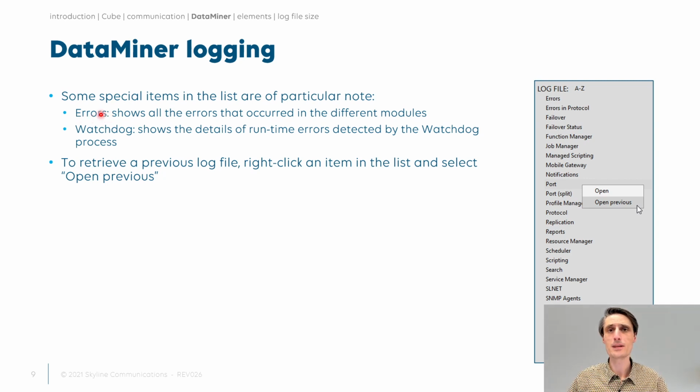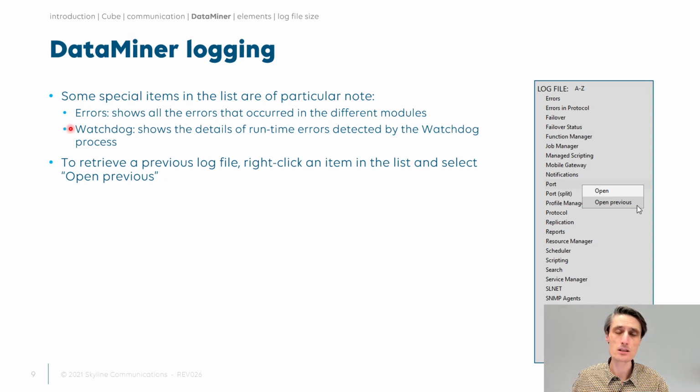The errors log is basically a consolidation of all the error messages found in the other modules. So instead of going through all the log files to figure out where there are any error messages, you can go to the errors log file and find everything consolidated into one file there.